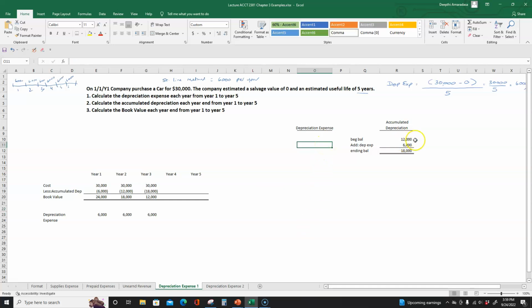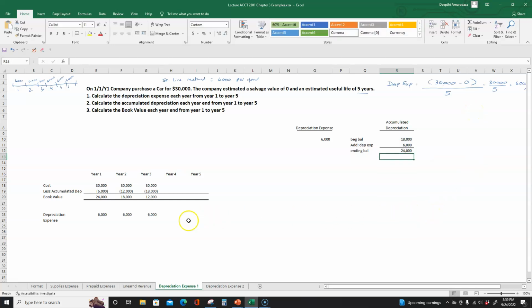Year four, depreciation expense gets wiped out. We still only have 6,000, and then we also have that 6,000 going into accumulated depreciation. Don't forget, now we have a beginning balance of 18,000, which means our ending balance of accumulated depreciation is going to be 24,000 at the end of year four.